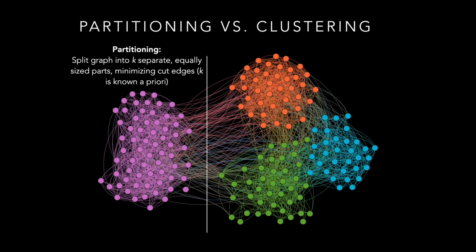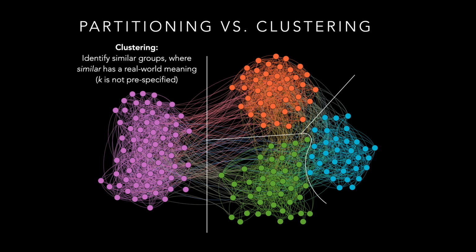Partitioning is generally where you want to split some graph into some predefined K sets, where the sets are expected to be of approximately equal size. And the primary metric you're looking for here is minimizing the number of cuts you have to make to the graph, how many edges you essentially have to delete or break in order to separate one partition from the other.